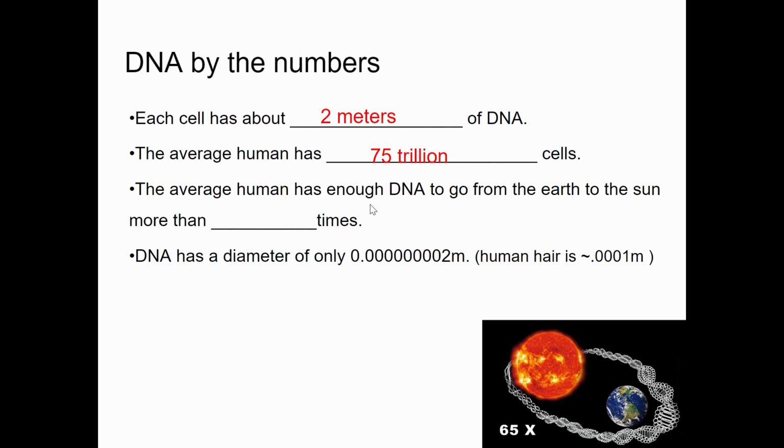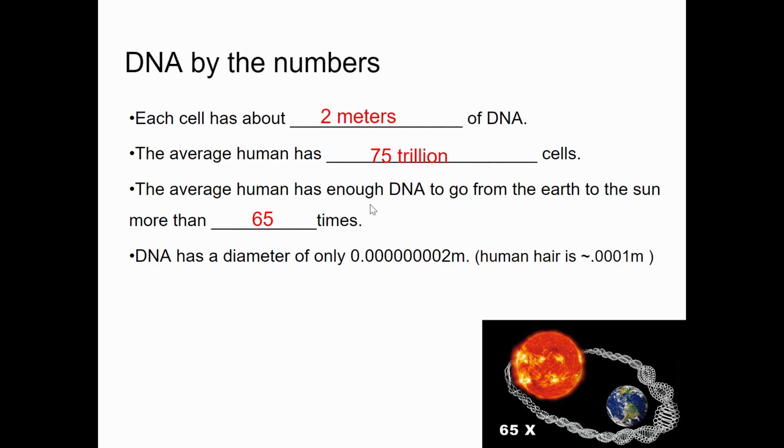So if you were to take all of your DNA and stretch it out lengthwise, you'd go from the Earth to the Sun more than 65 times. That's how much DNA we have. And it is this tiny molecule. A human hair is 0.0001 meters in width, and DNA is much, much, much smaller than that.